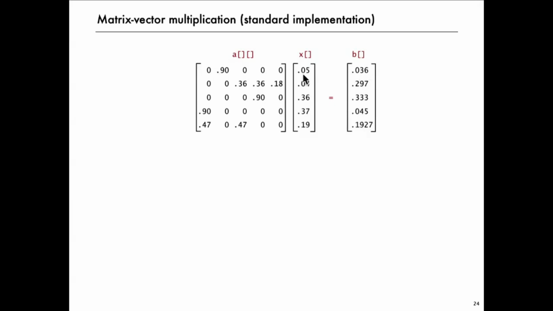So in this case, they're all 0 except for 0.04 times 0.9, which is 0.36. And then similarly, the dot product of this with that column is 0.297, and so forth.